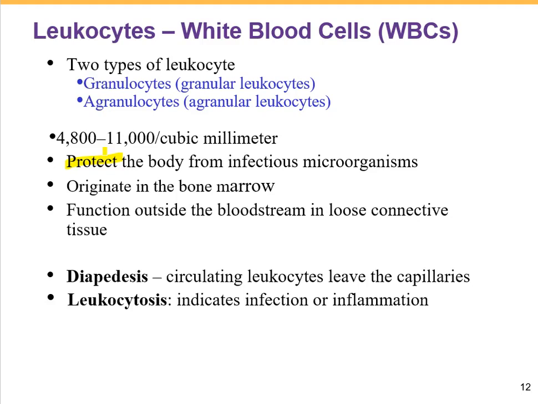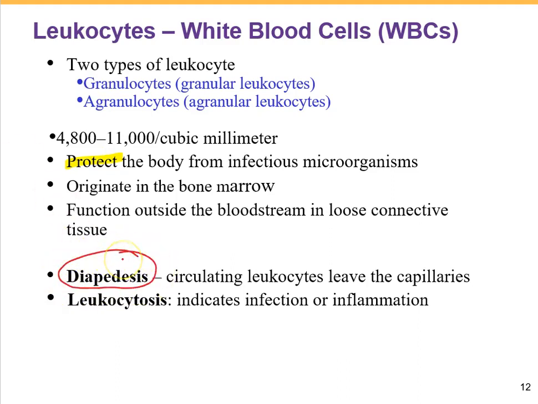They originate in the bone marrow, where they are produced through a process called hematopoiesis. White blood cells are the only formed elements that can leave the blood and function in other tissues, especially in loose connective tissue. This ability to move out of blood vessels and into tissues is called diapedesis.